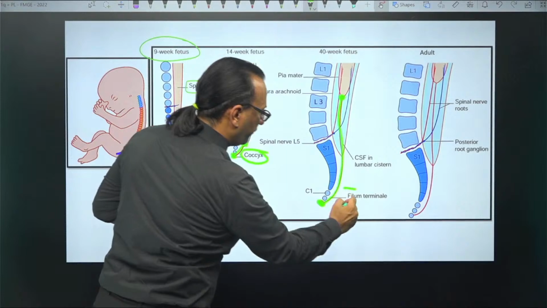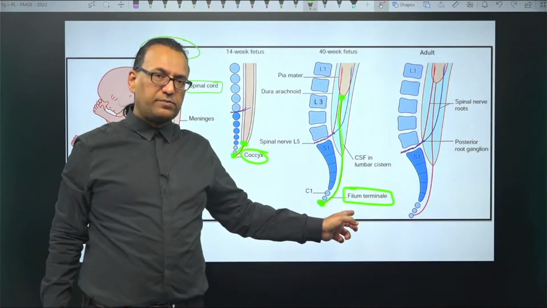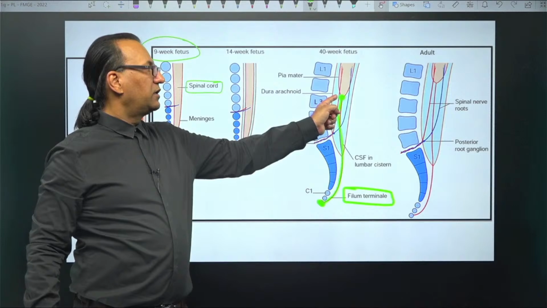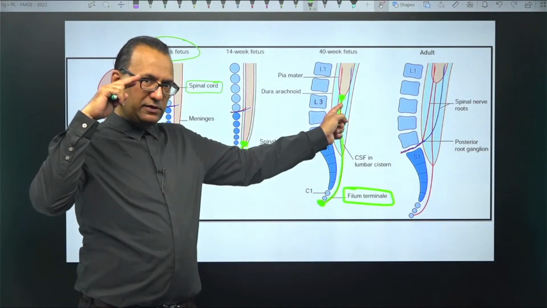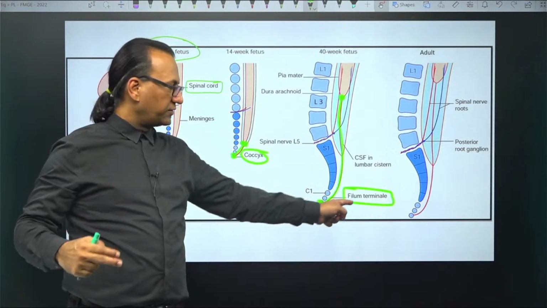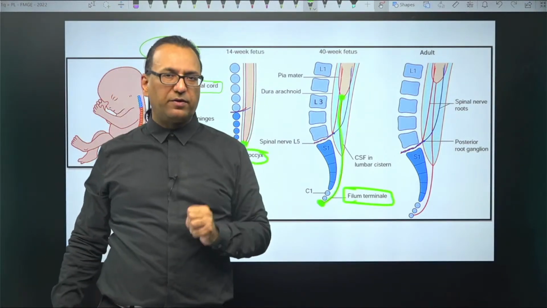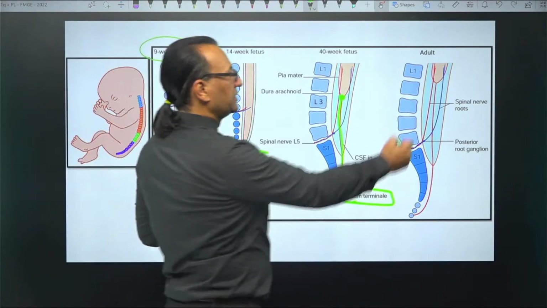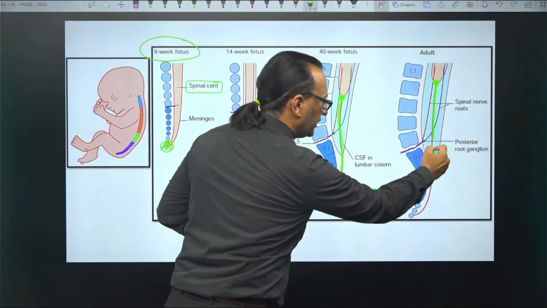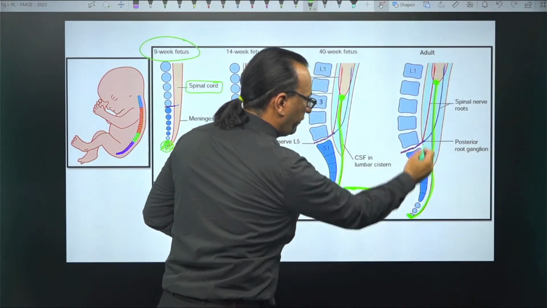is actually a fibrous tissue which is called the filum terminale. Maybe the spinal cord is terminating at a higher level than the coccyx, but the attachment continues to persist as filum terminale, which is some collagen fiber, fibrous tissue. And this is again the tip of the spinal cord attaching to the coccyx with the help of filum terminale.